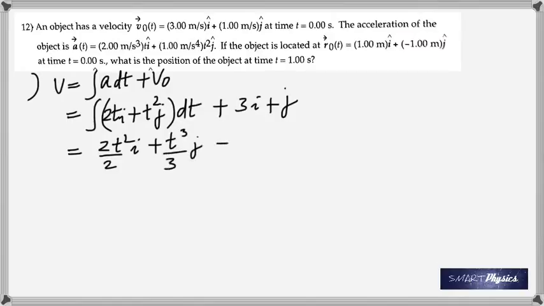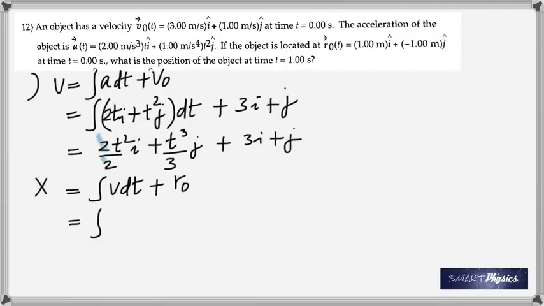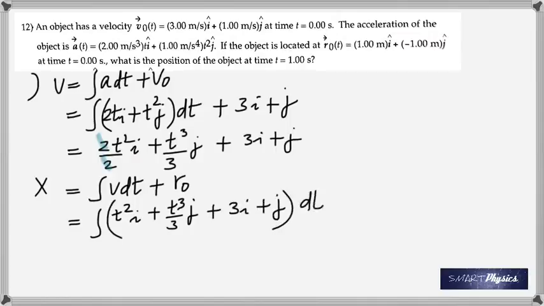When you integrate that, you get 2t squared by 2 plus t cubed by 3. And then if you integrate the velocity again with t plus the initial position, you get the displacement. So that's the displacement. When you integrate that, you get t squared. This term is t cubed by, actually the 2 and 2 cancel, that's t squared. When you integrate, you're going to get t cubed by 3. This becomes t raised to 4 by 12.